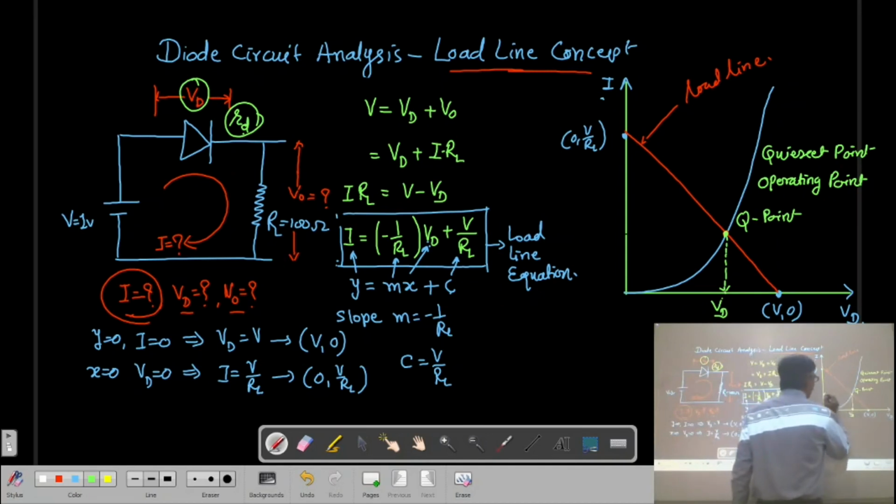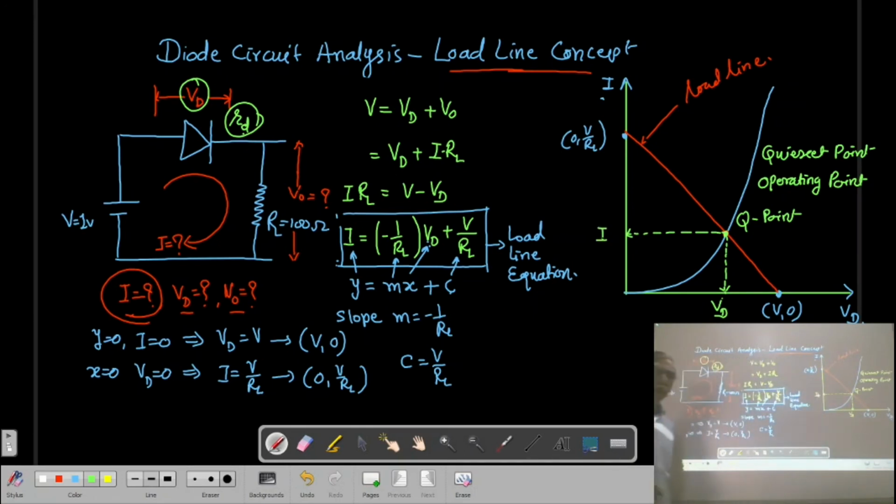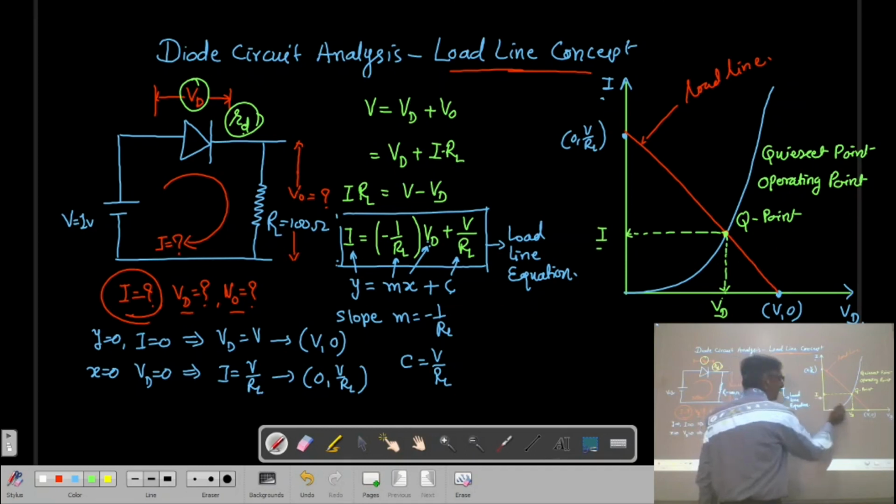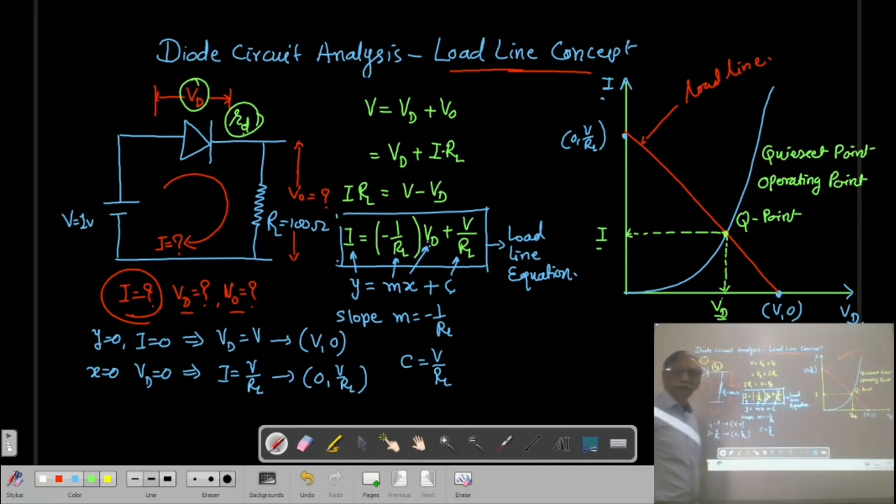If you find the corresponding current, this is the amount of current flowing in the circuit. So once you find the Q point, it gives you the information about the current and about the voltage VD. In this way we can find I and VD.